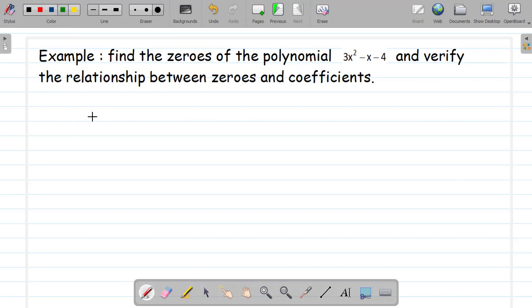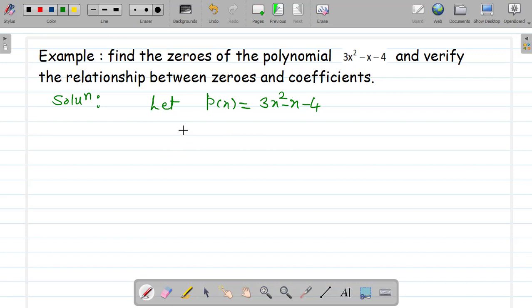Here also we have to verify the relationship between zeros and coefficients. So what we will do, we will find the solution as: we will take this polynomial p of x equal to 3x square minus x minus 4.